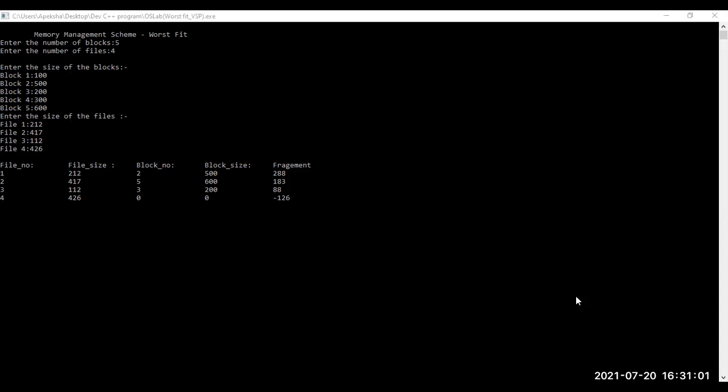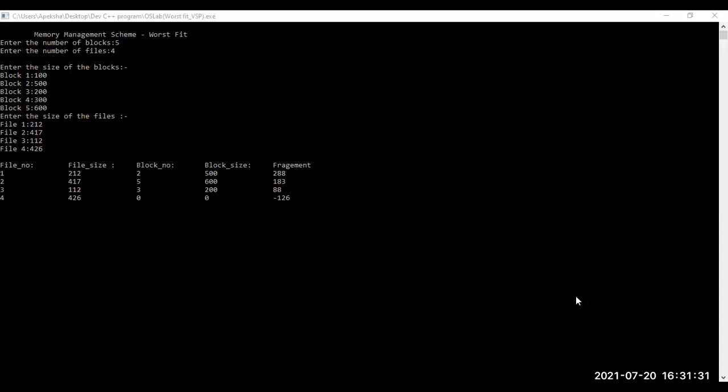If you're taking 417, this is not suitable enough. So it is working as a first fit. I think this particular program is working as a first fit. For 212, the very first one is the second block, now 417.